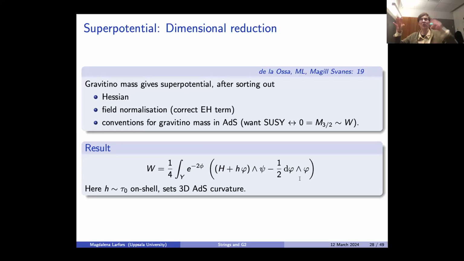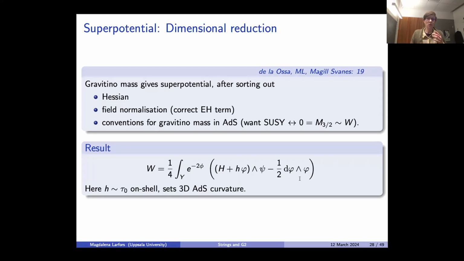Basically what you do is you set all your fermions to be 0, and then you forget about them, then you look at the bosonic part. And then you say, okay, can I do this? Well, yes, it will still be supersymmetric, provided that the variations of the fermions are all vanishing, because that gives you the supersymmetry conditions.